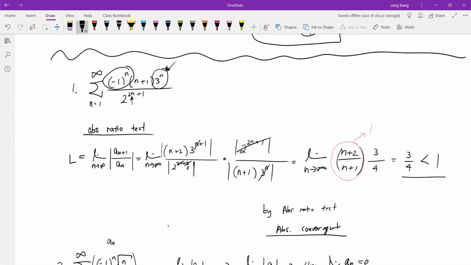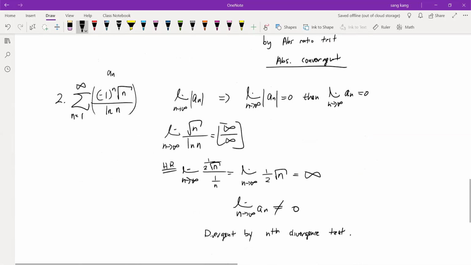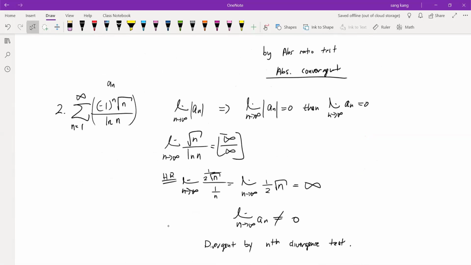So again, just use these as general guidelines, but you may have to at times use different tests to see if they actually work. Sometimes they won't work. And for this one, if you use a ratio test, you would have square root of n plus 1, ln of n plus 1 on top and bottom, and you're just going to keep taking derivatives of weird terms, and nothing's going to cancel out.